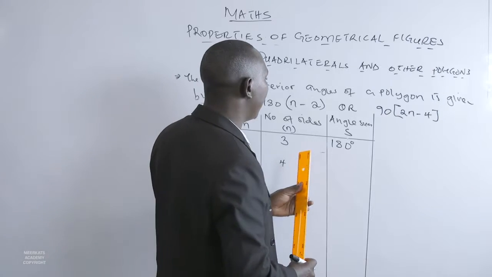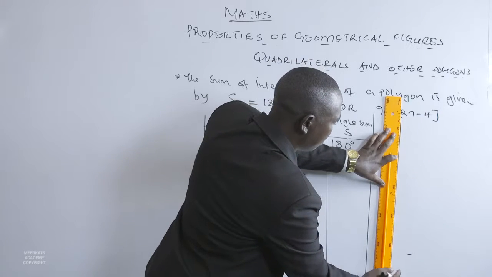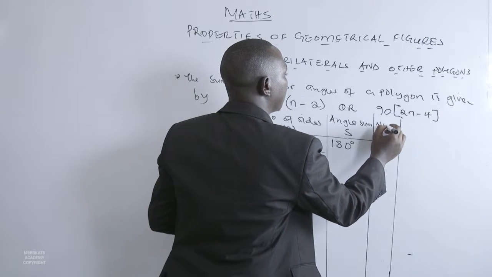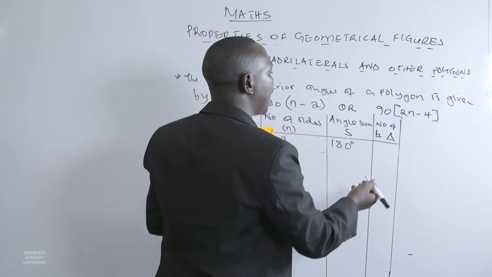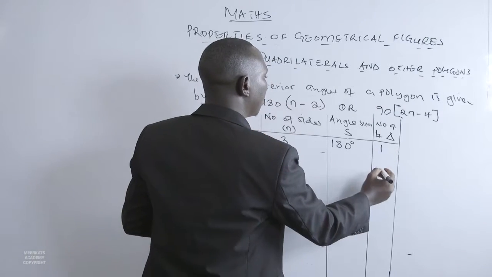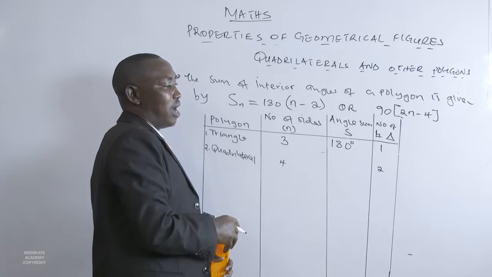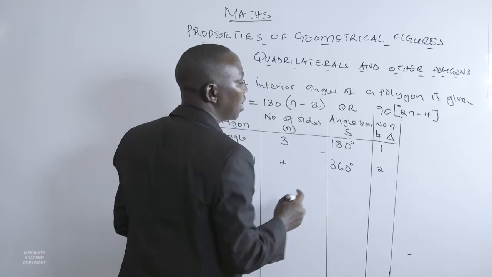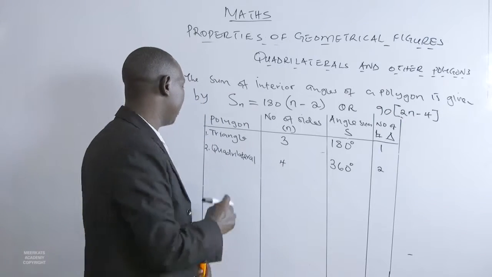I wish we could have had a column for number of right triangles. Here is 1. So this one will have 2 triangles, and if it has got 2 triangles, that will mean that the sum of interior angles is going to be 360 degrees.